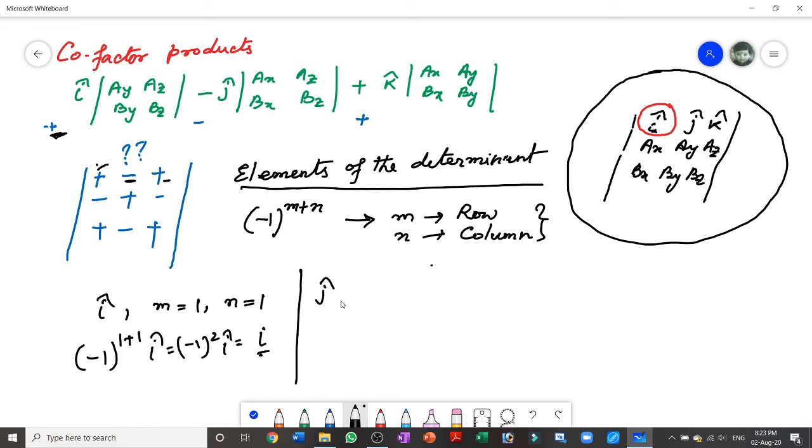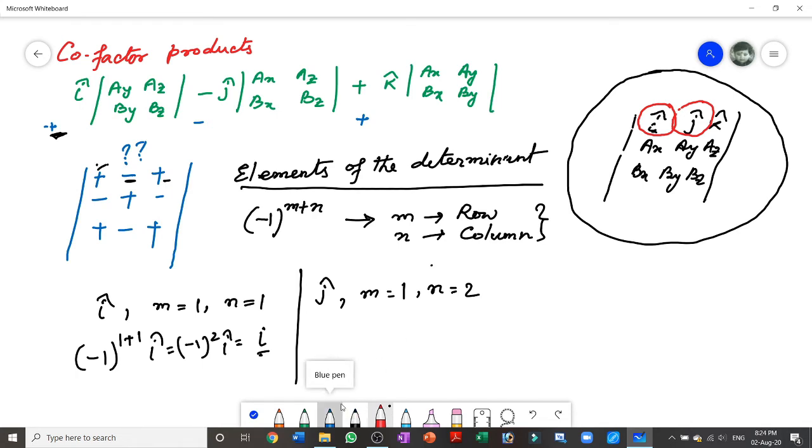For j cap, m is equal to 1, n is equal to 2. You can check at this position. It is in the first row, row number is 1, but second column.